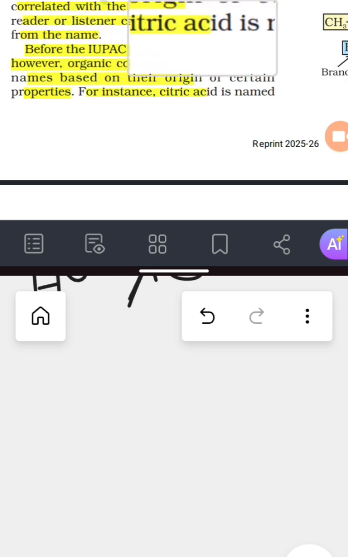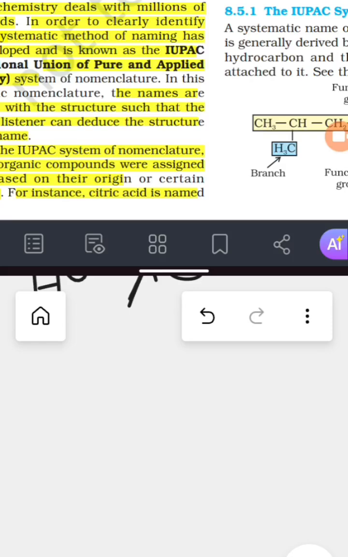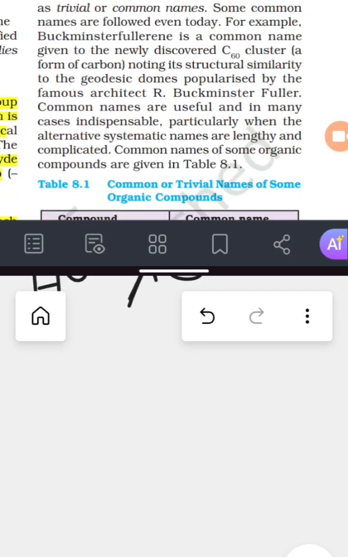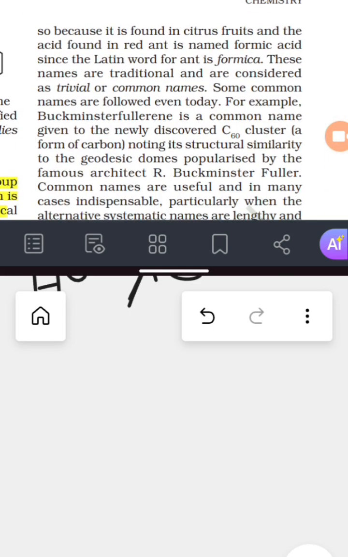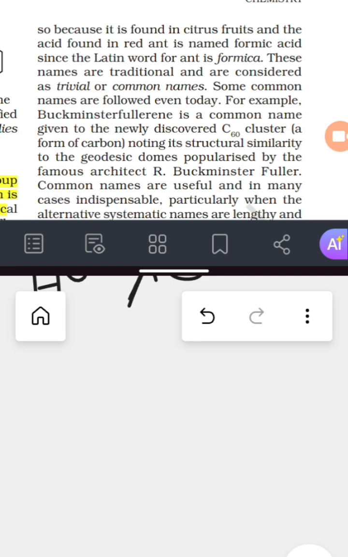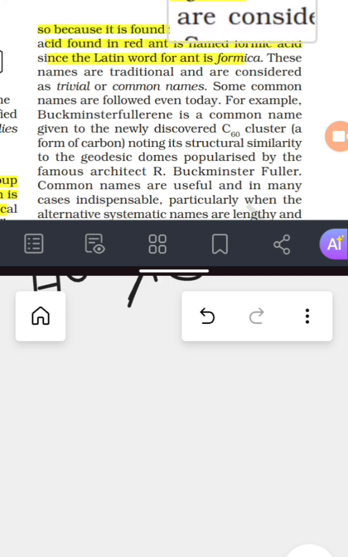For instance, citric acid is named so because it is found in citrus fruits. Another acid, found in red ants, is named formic acid, since the Latin word for ant is formica.